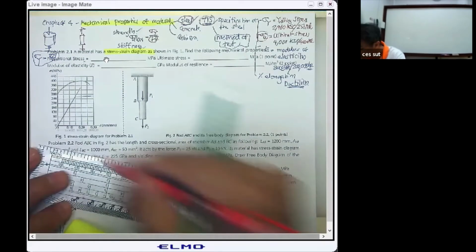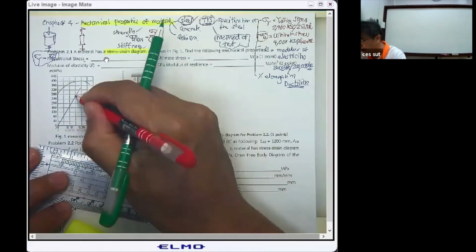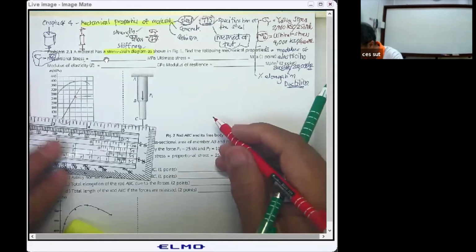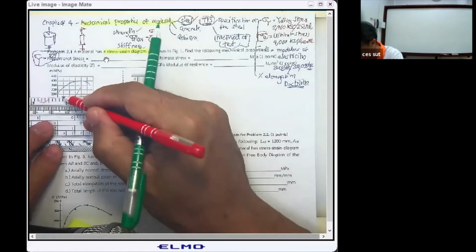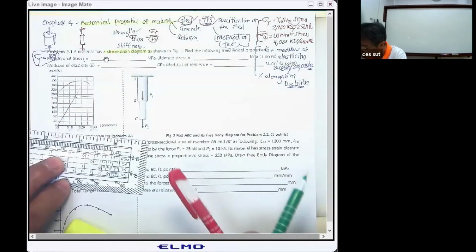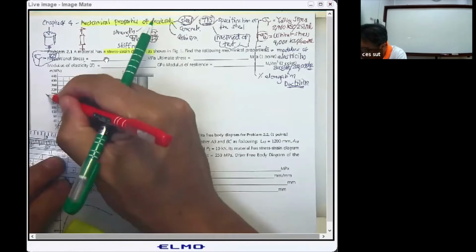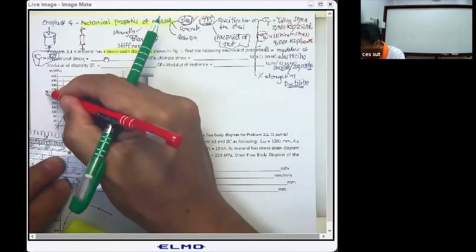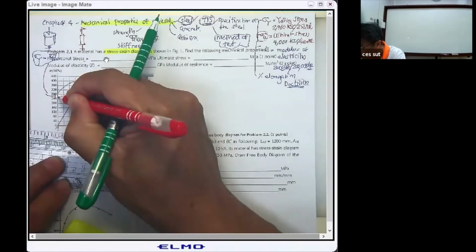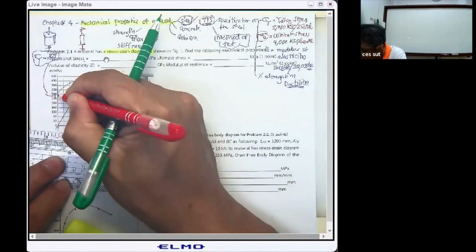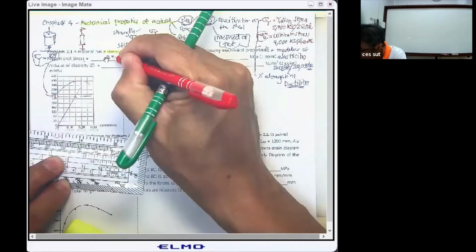You may see this is going to be the last point where the stress strain curve is linear elastic, and if you project it, you can see the value here is going to be the proportional stress. Since it's in between 240 and 260, you may say this proportional stress, equal to the yielding stress, is about 260 megapascal.